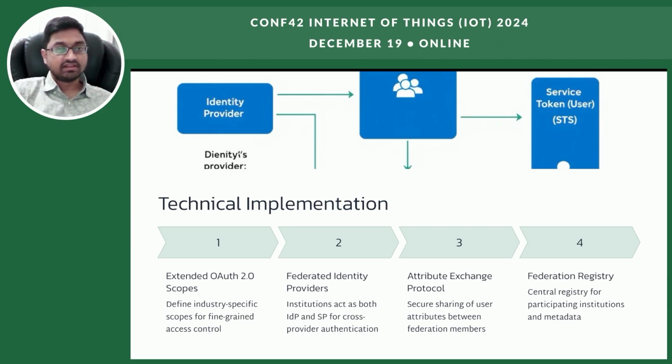So looking at the technical implementation, we need to first extend OAuth 2.0 scopes and define industry-specific scopes for fine-grained access control. Then we need to federate the identity providers. Institutions act as both IDP and SP for cross-provider authentication.